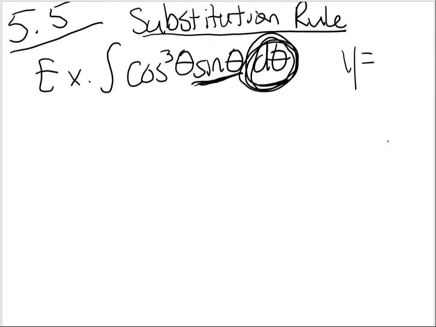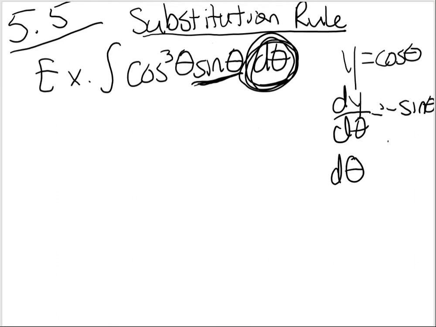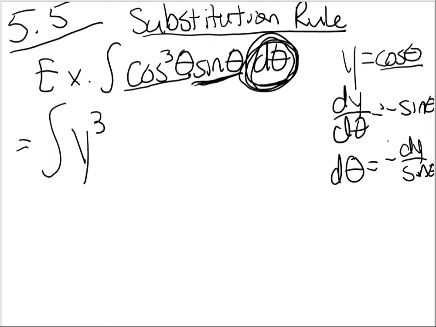Let's try cosine theta. So dy d theta, take the derivative, negative sine theta. That means that d theta, if we solve, will be negative dy over sine theta. Substitute this one in. Cosine cubed theta is going to be cosine theta quantity cubed, so this is y cubed.